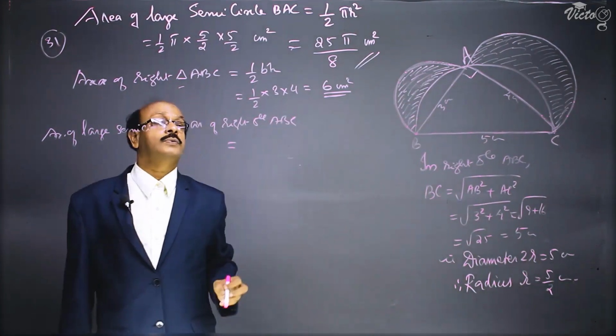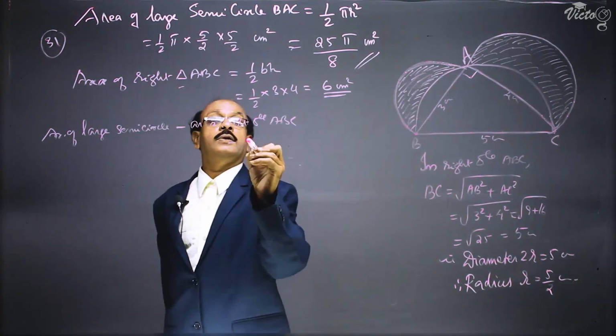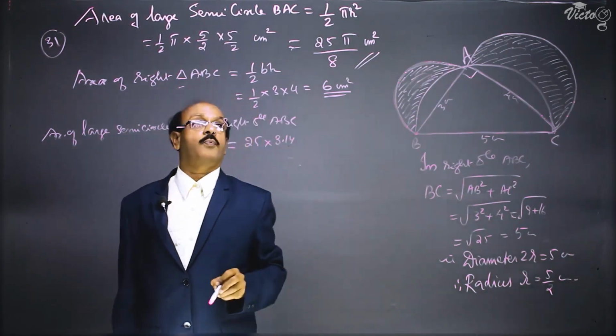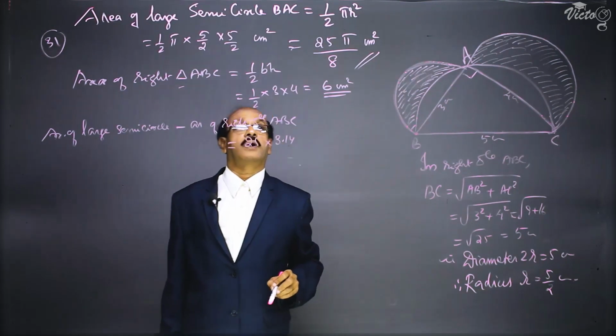Which is equal to 25 pi by 8 minus 6 centimeter square. The value of pi we are taking as 3.14.